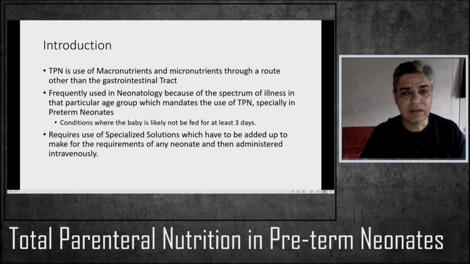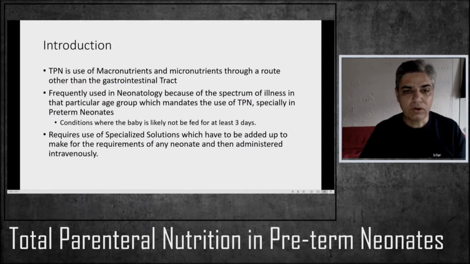But many times, especially in the neonatal intensive care unit, because of comorbid conditions, like a preterm infant suffering from respiratory distress syndrome or issues with breathing, he may not be able to tolerate oral fluids, so we have to put them on total parenteral nutrition for a few days, and that makes it quite important for you to understand how we calculate the TPN requirements for neonates.